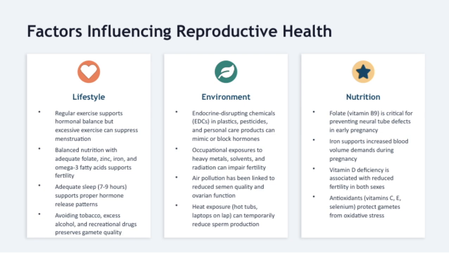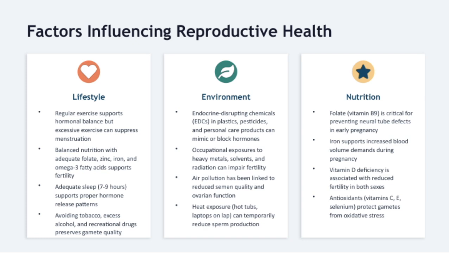Moving on to the environment, exposure to endocrine-disrupting chemicals found in plastics, pesticides, and personal care products can interfere with hormone function, either mimicking or blocking natural hormones. Occupational exposures to heavy metals, solvents, or radiation can also impair fertility.